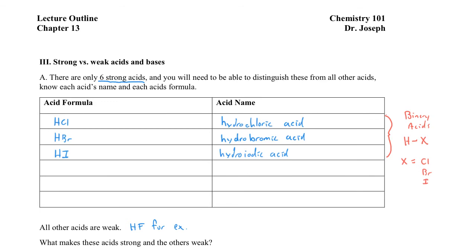The first of these is nitric acid, or HNO3. That's nitric acid. We also have sulfuric acid, or H2SO4. That's sulfuric acid. Finally, we have perchloric acid, which is HClO4, perchloric acid.